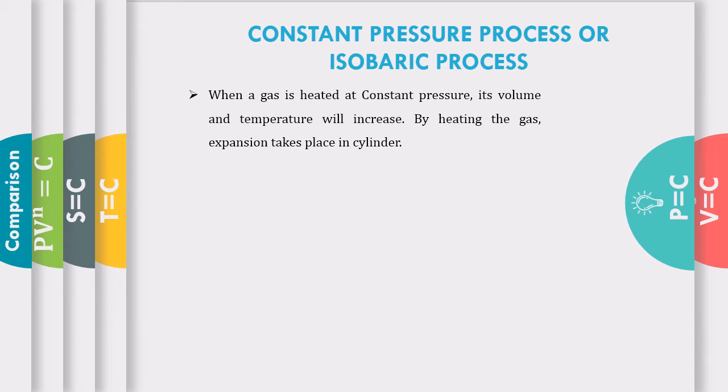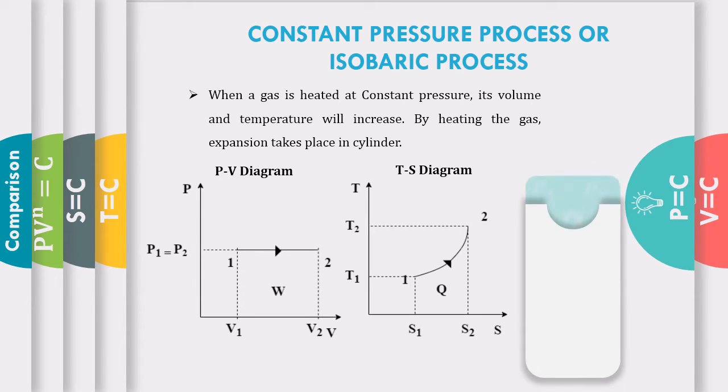So, the basic concepts behind the constant pressure process. Consider a piston cylinder arrangement in which the piston is spring loaded, and the springs are actuated by adding some weights.